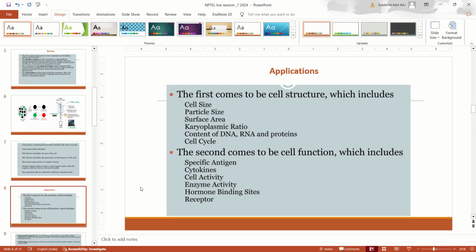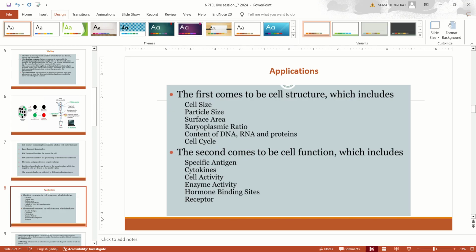Next is, what are the applications of this? First, cell structure, which includes cell size, your forward scattering. Using this, you can differentiate among a mixture of different sizes of cells, or a mixture of different sizes of particles, or based on the surface area, karyoplasmic ratio, and content of DNA, RNA and proteins can be detected, because everything has a different scattering.